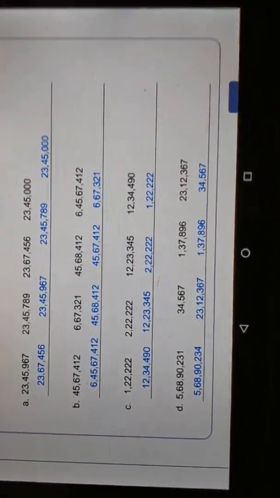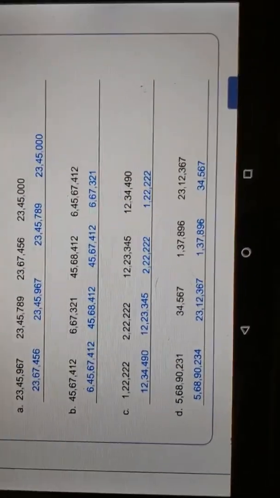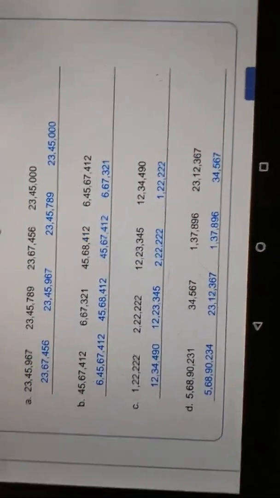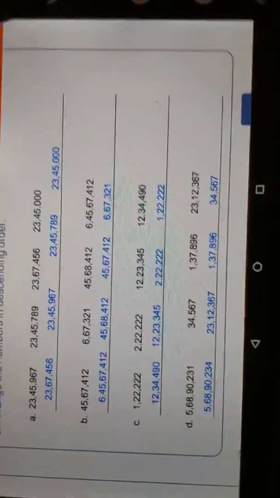Descending order means largest number to smallest number. In that sequence we have to arrange largest to smallest.